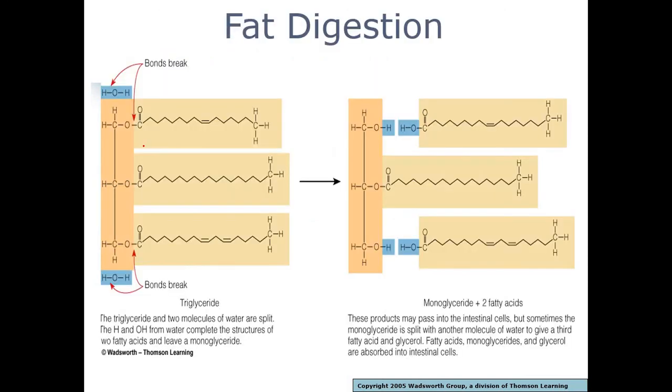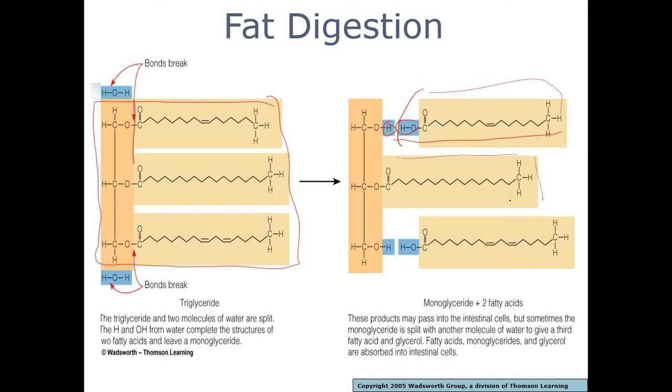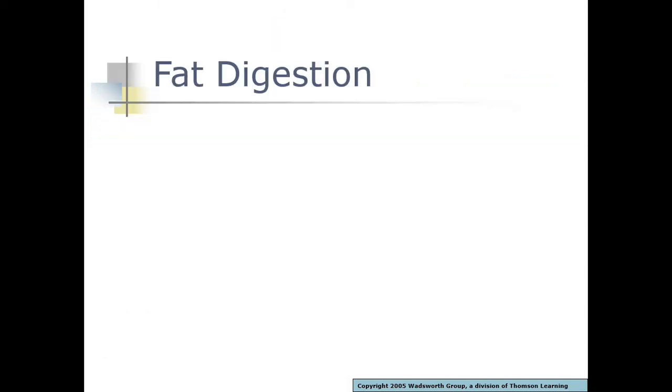For example, this is the triglyceride. Once you hydrolyze it by adding water, H2O, it breaks into a fatty acid and a monoglyceride, because now there's just one fatty acid left, and then you have two fatty acids.